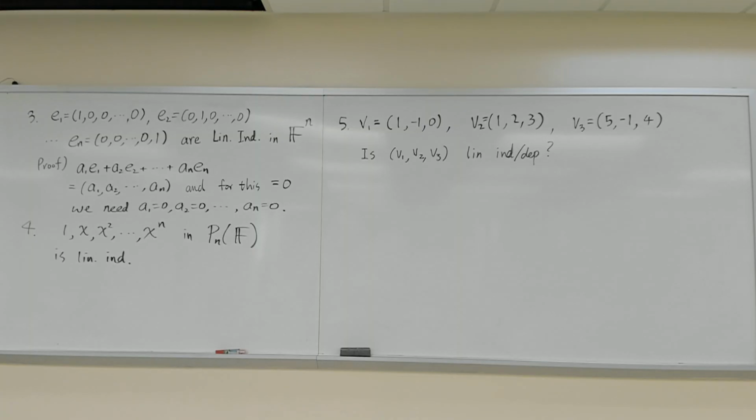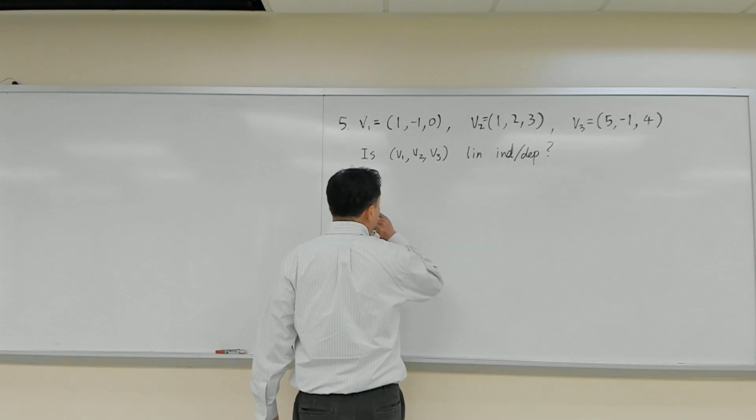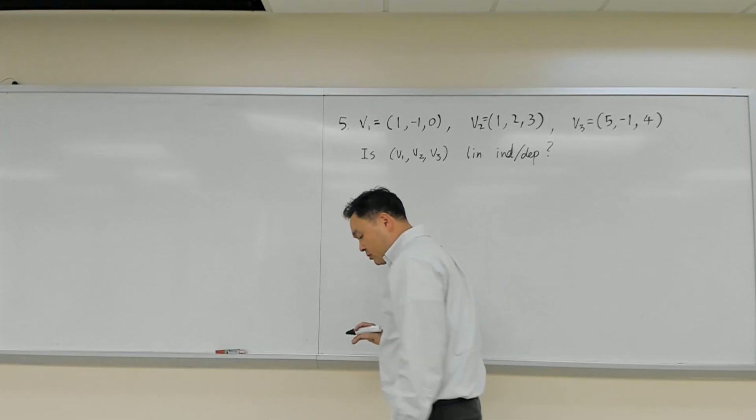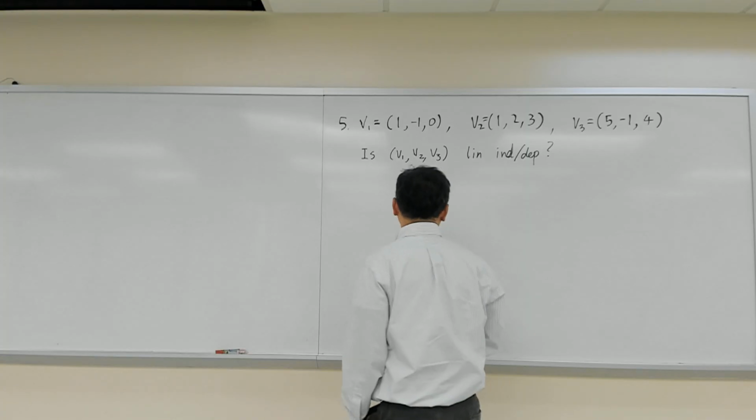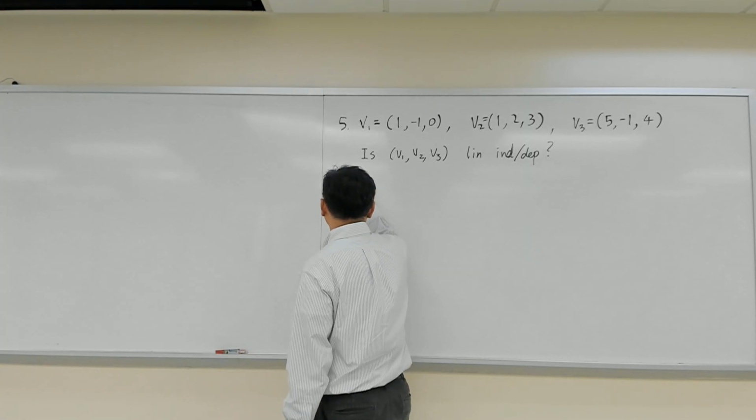Okay, so that's the idea. Whatever you do, you should start off by writing down A times (1, -1, 0) plus B times (1, 2, 3) plus C times (5, -1, 4), and then set it equal to 0, and see what kind of equations you get. Whether a list is independent or dependent has to do with the linear combination, right?